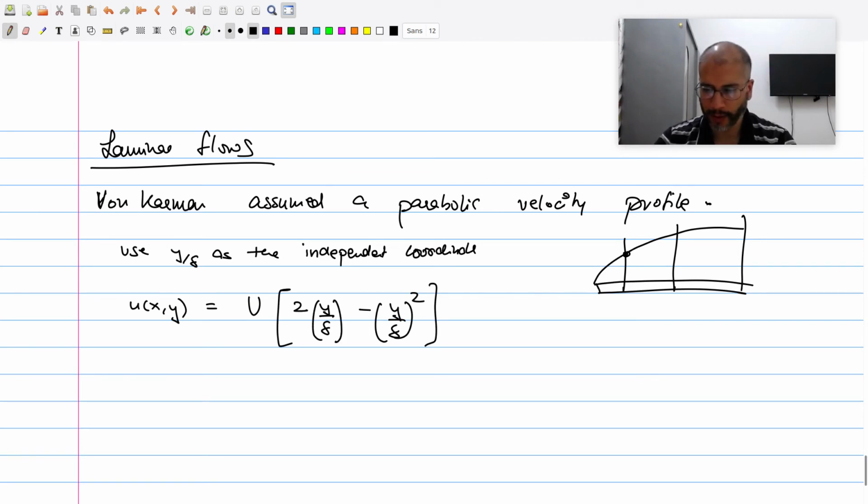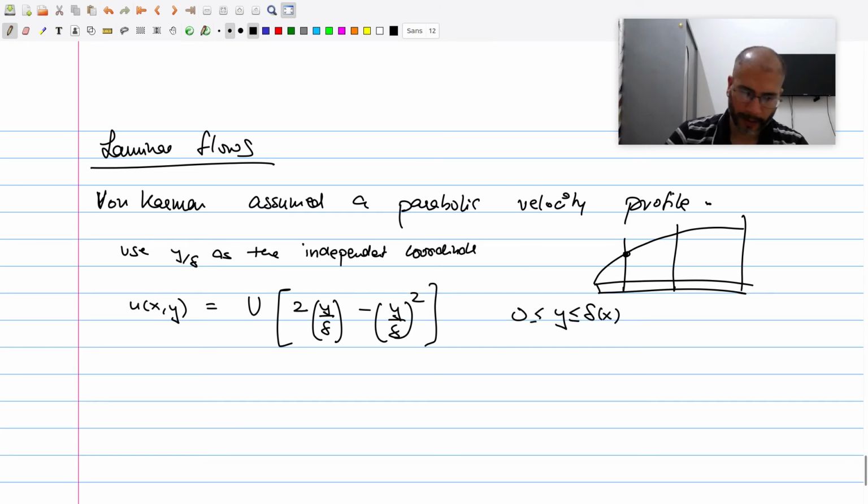At y equal to 0, this becomes 0 because it's U times 0 minus 0, and at y equal to delta, this becomes 2 times 1 minus 1, which is 1 times U. So this becomes capital U. This works. It is a parabolic profile and it satisfies both boundary conditions at y equal to 0 and y equal to delta. This profile was proposed by von Karman for proceeding further, for y between 0 and delta, which is a function of x.